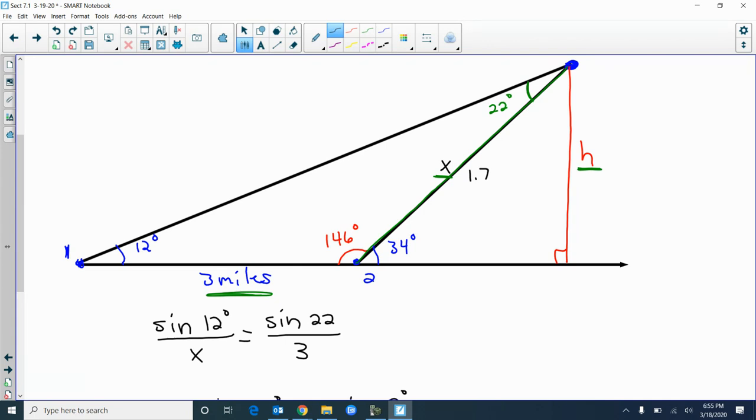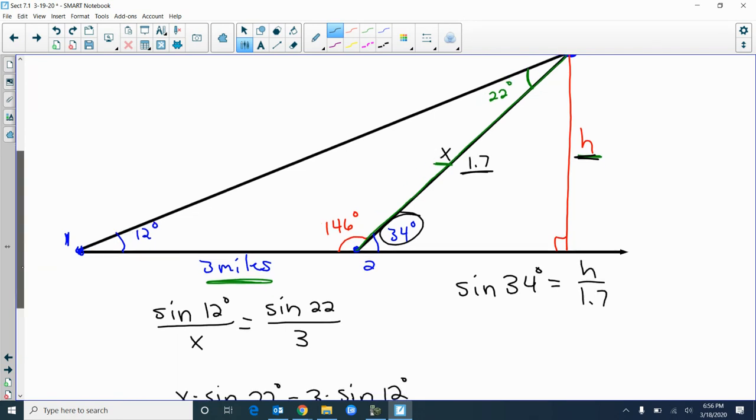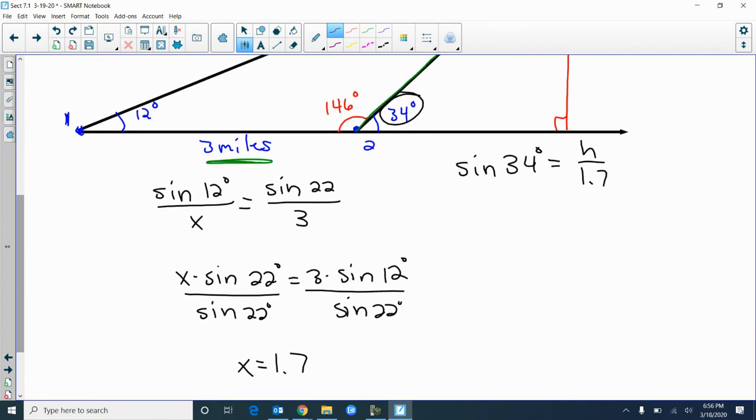You don't need to. You have a right triangle, 34 degrees. Opposite is h. Hypotenuse is 1.7. I have to use that 1.7. Sine of 34 degrees equals h over 1.7. Now, if I wanted this to be as accurate as possible, I would not round that off. I would keep the exact value for the 1.7, but we're okay here.